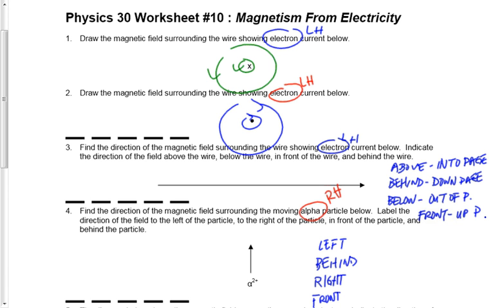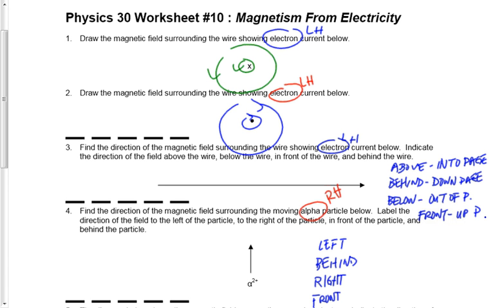Here's the charge. Where are my fingers right now relative to the plane of the page? Are they in front of the wire? Are they behind it? Are they to the left of it, to the right of it?